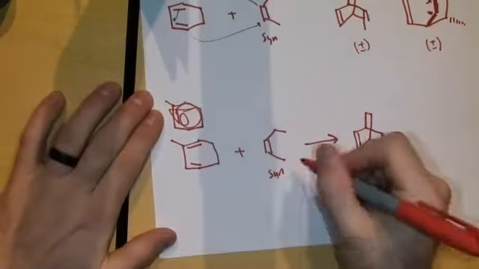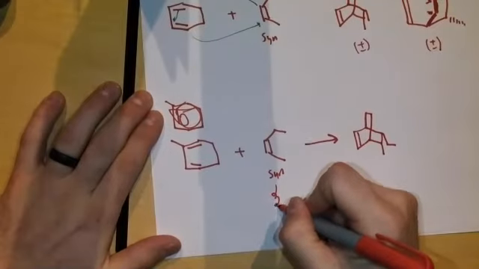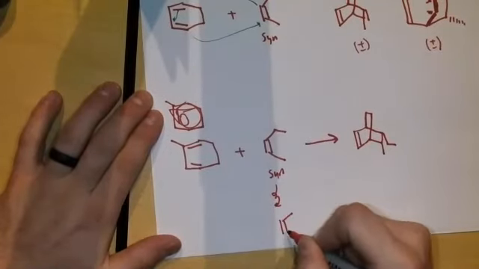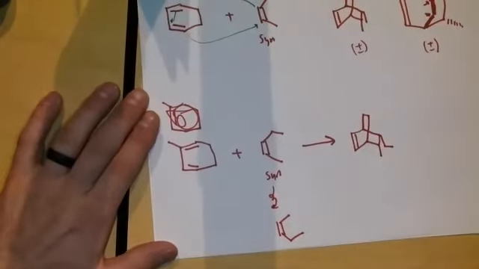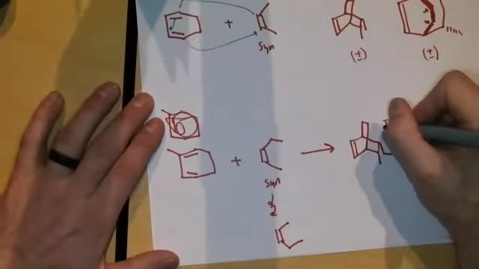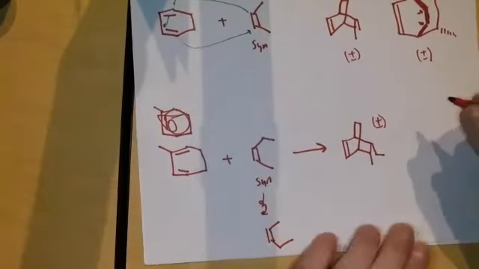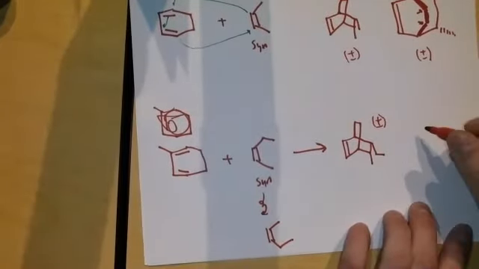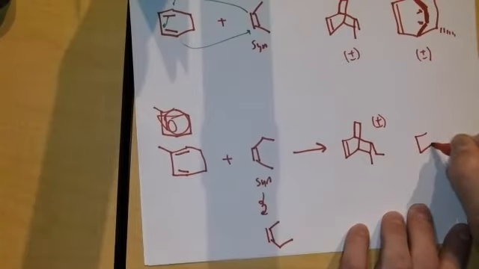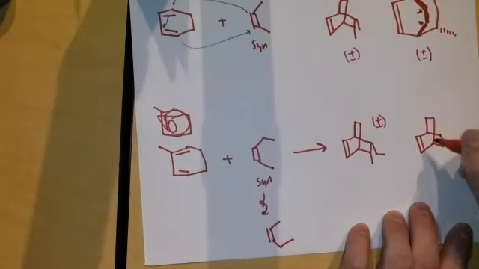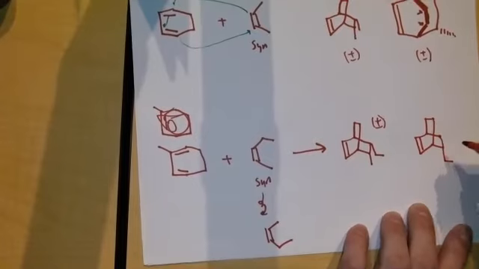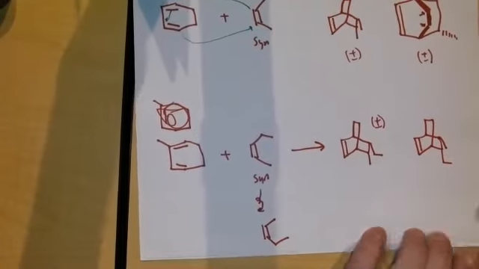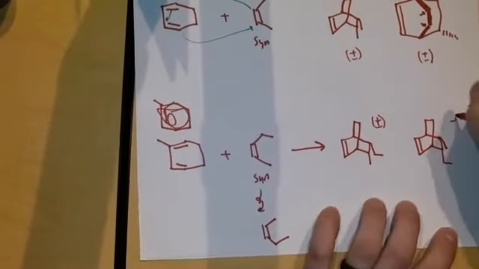So I'm going to flip my dienophile here to now where I have the ethyl on the top and the methyl on the bottom. This can give me a very similar product, except now the ethyl is coming off of this front one and the methyl is coming off the back.